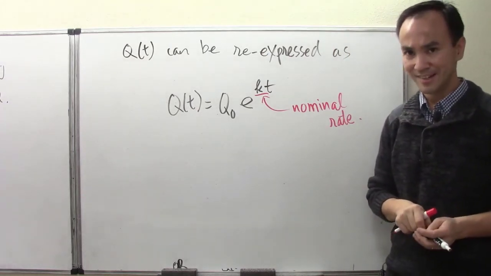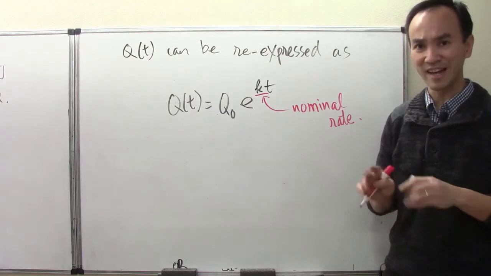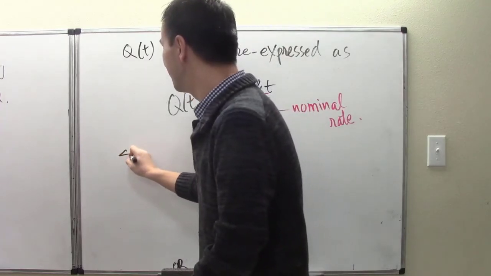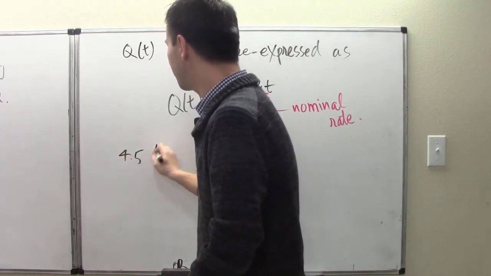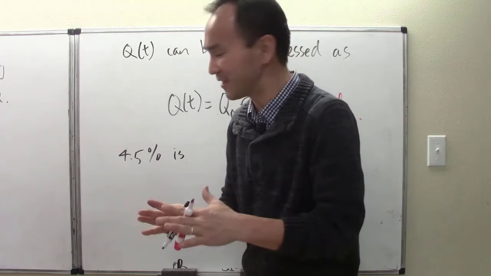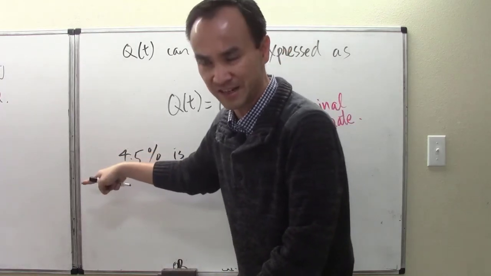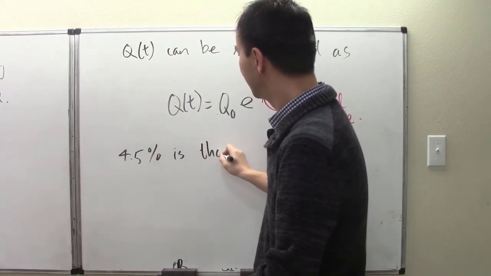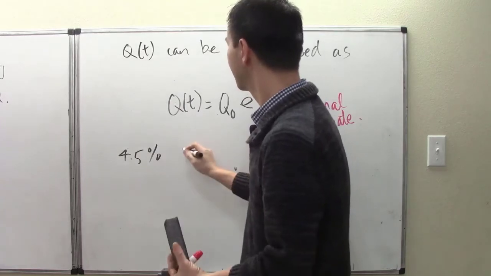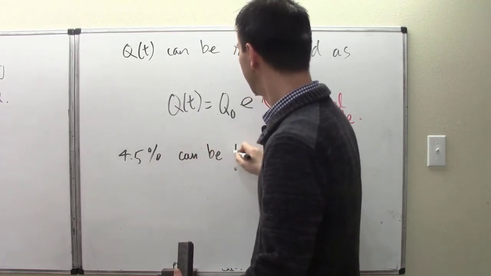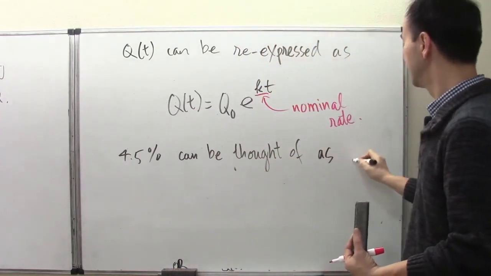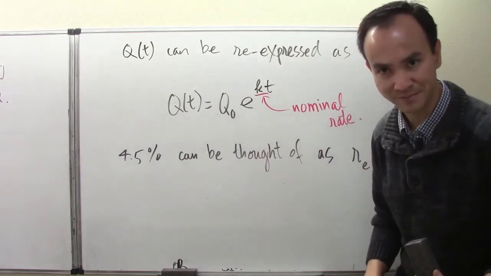That's how I see it. And so now we can bring out that important understanding again. As of now, we can think of this 4.5% as the effective rate in money math, in financial math.